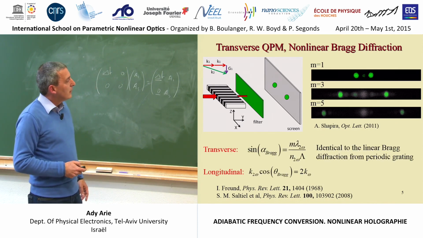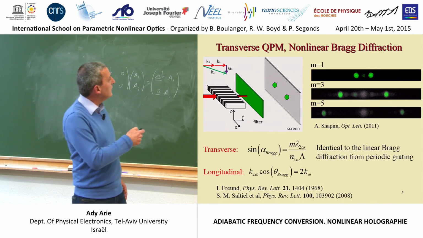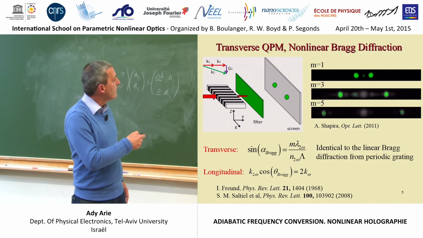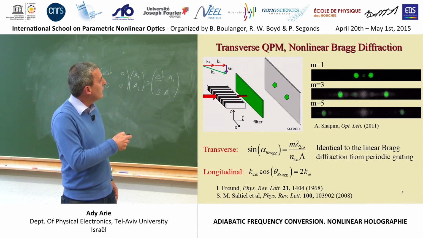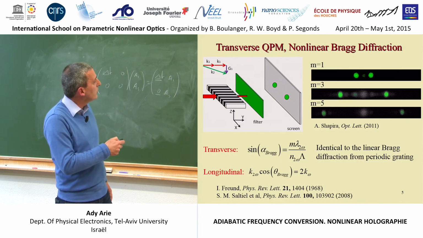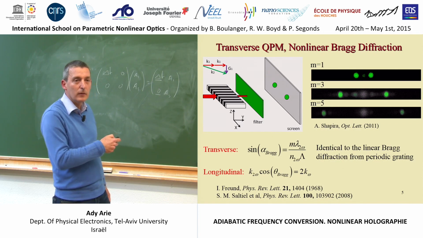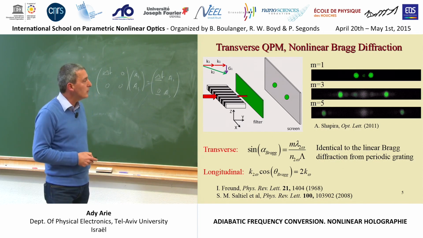Why? This is a triangle, so we can define here some angle alpha, and then the projection of K2. So K2 times sine of alpha should be equal to G1, and K2 times cosine of alpha should be equal to 2K1. Okay? We have to maintain these 2 conditions.